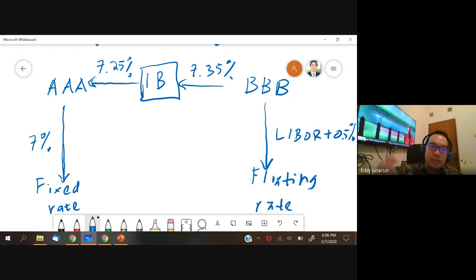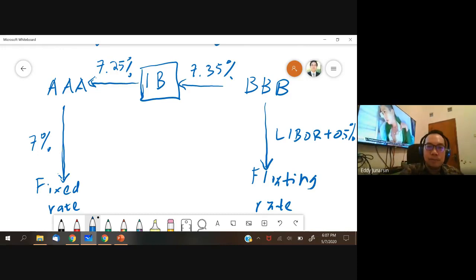But again, here, the AAA firm has a higher bargaining power, right? So there's a possibility that the AAA firm doesn't want to pay LIBOR plus half. Or maybe the AAA firm only wants to pay what? LIBOR, right?